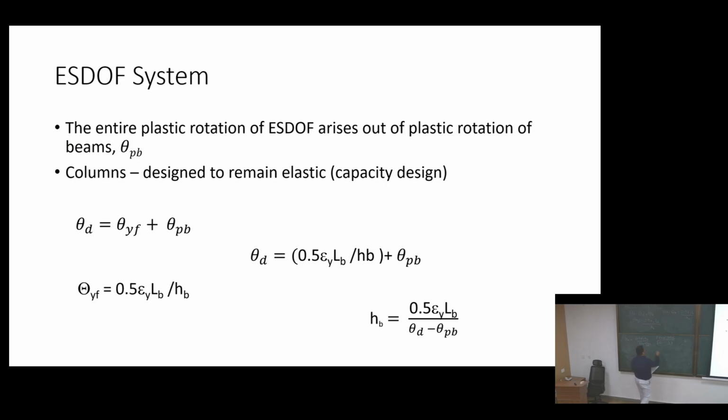For life safety, it is 2% transient drift with 1% permanent residual drift. And for collapse prevention, it's 4%, either transient or residual. That's what FEMA 356 says, but FEMA 356 is not the law. There are other guidelines that you can use.